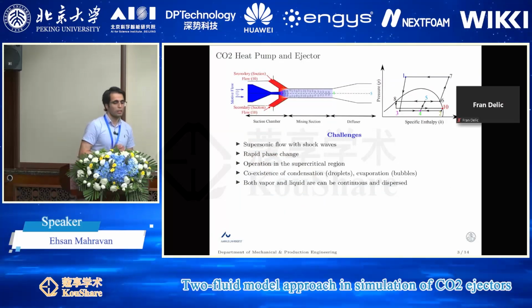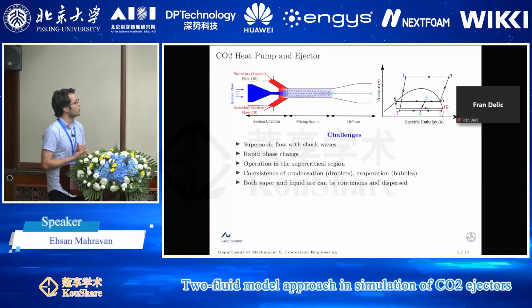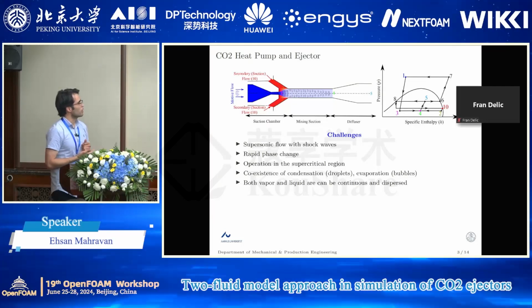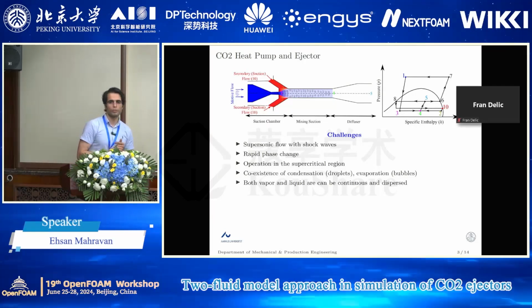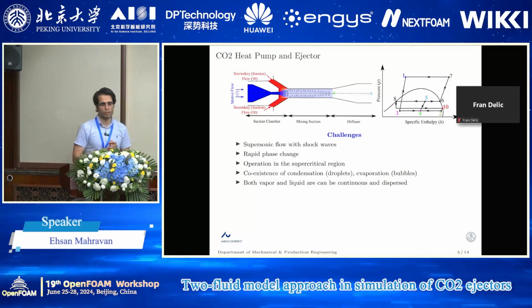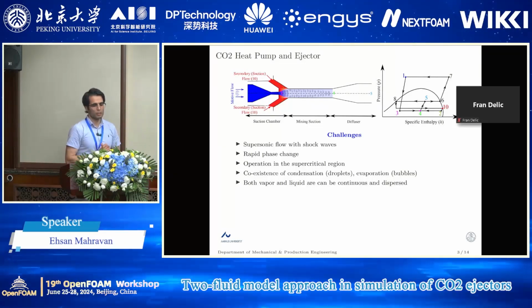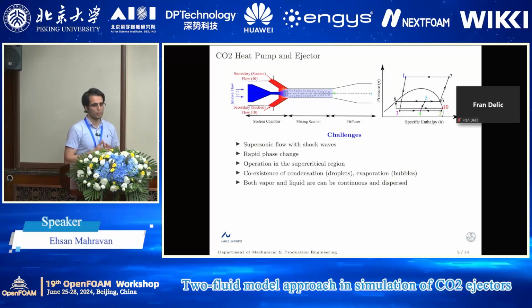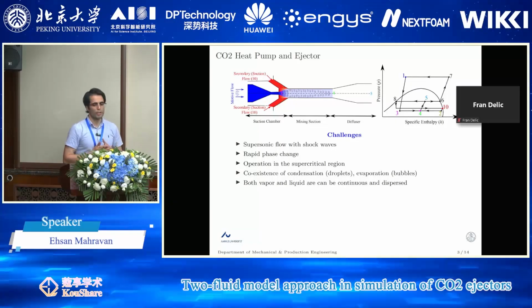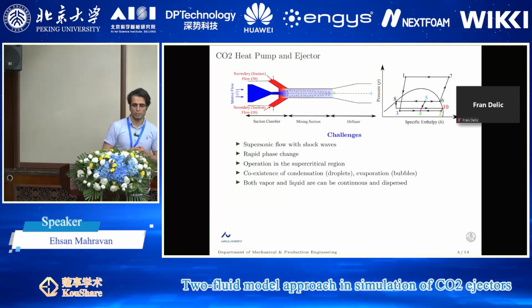But it brings a couple of challenges. So we have supersonic flow with shock waves, rapid phase change from 0.1 to 0.3, and operation in the supercritical region. CO2 operates in the supercritical region. It makes it hard to calculate the phase change and the properties in this region.